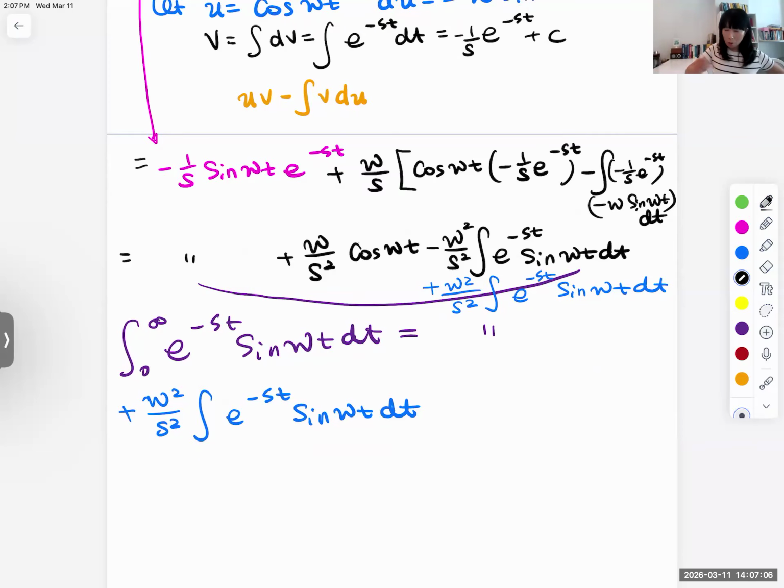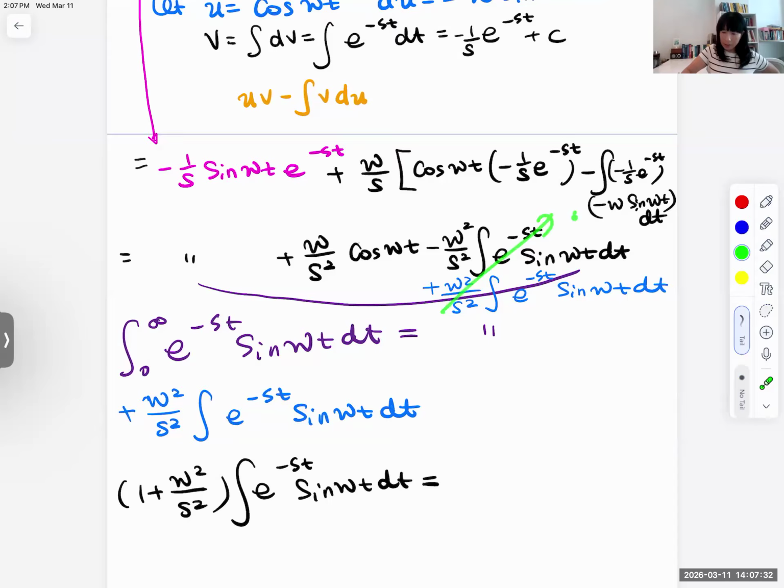Now there will be 1 plus, this is 1, right? So this is 1 plus that of the integral of e to the negative st sine omega t dt, right? Clear? So we have 1 plus omega squared over s squared times the integral of e to the negative st sine omega t dt equal to, this is 0.